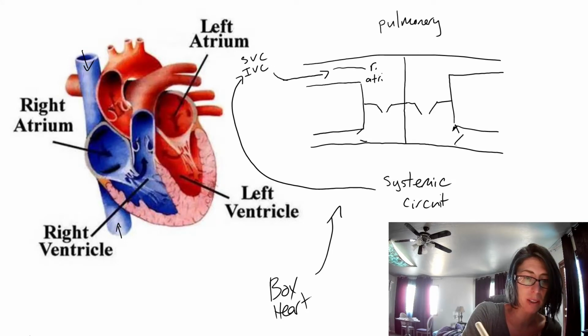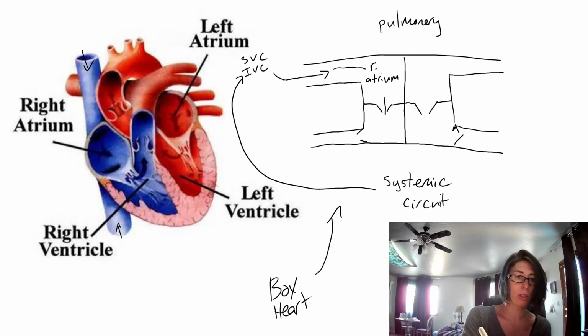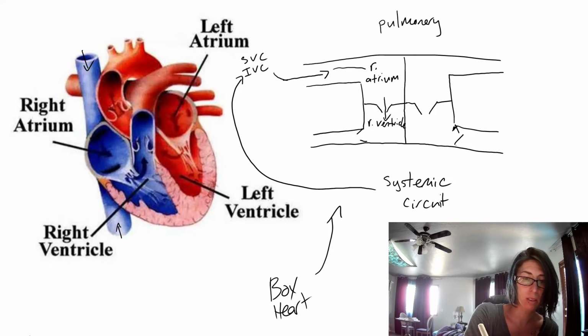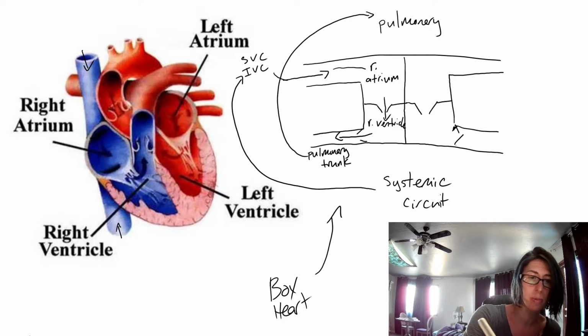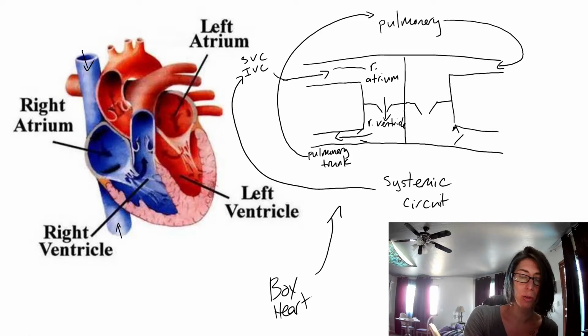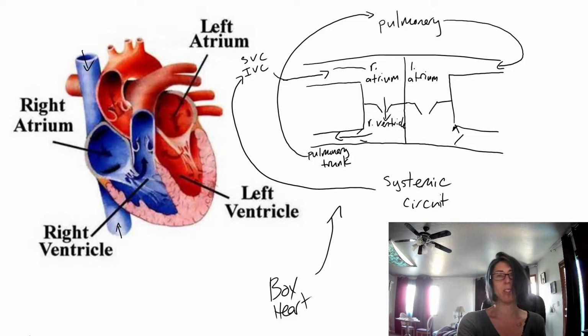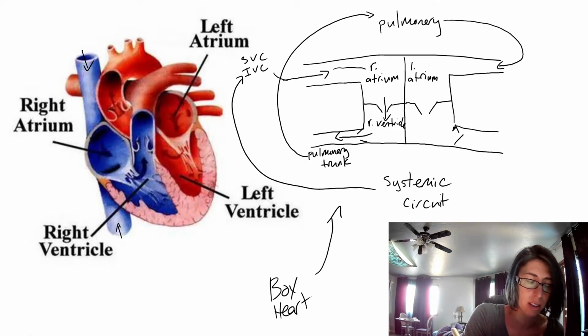or atrium for singular. Goes through this valve into the right ventricle. Then it goes out through the pulmonary trunk, and it goes to the pulmonary system, to the lungs. It comes back from the lungs up here into the left atrium. And the name of the vessels it uses to return are the pulmonary veins.